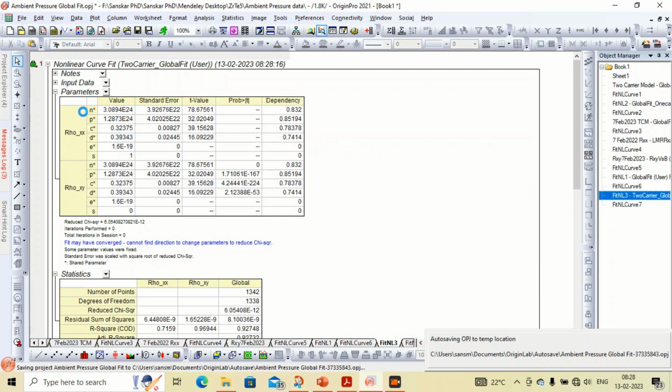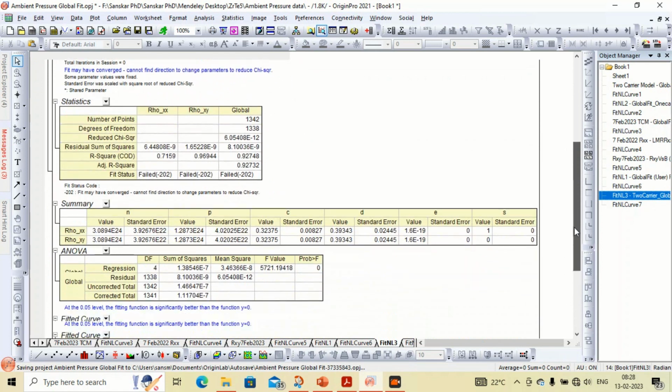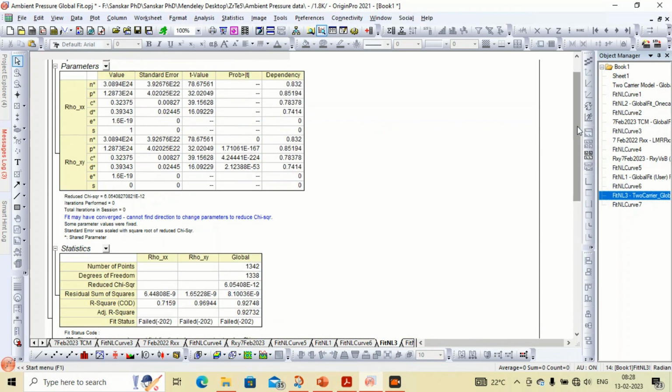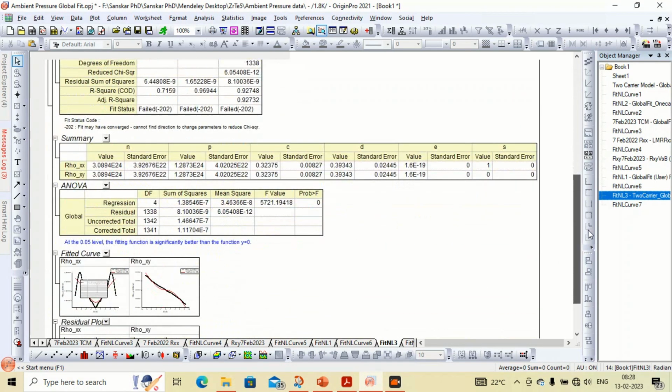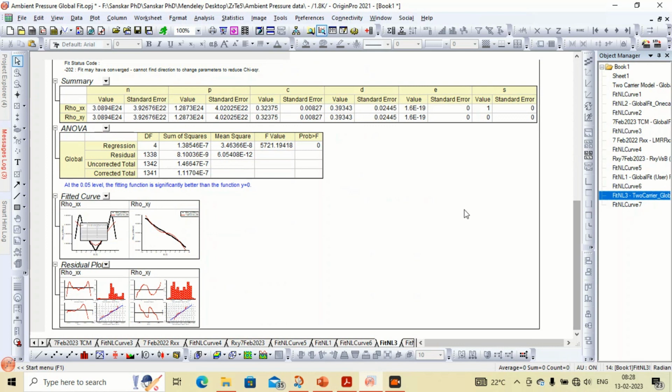These are the shared variables for rho xx and rho xy, and this is the result of both fittings. The first one is for rho xx and the second one is for rho xy. So this is the procedure for fitting two curves simultaneously which have some common parameters, and this is quite useful for Hall resistivity. Okay, thanks for watching.